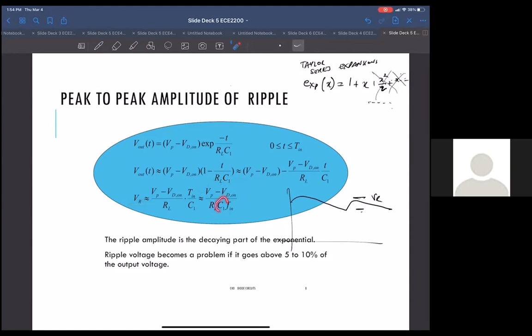As I said before, if you're stuck with a certain input frequency and a certain load resistance, so if your cell phone pulls whatever current it pulls, and the wall is always pumping out at 60 hertz, you're basically limited to picking a large enough capacitance that you can get the ripple to a reasonable number.